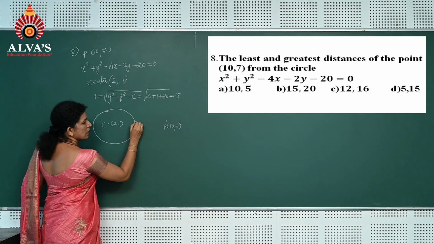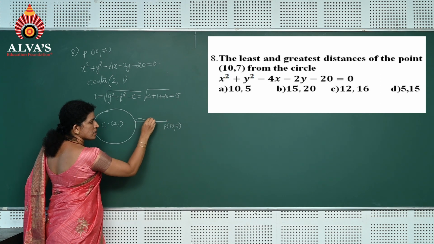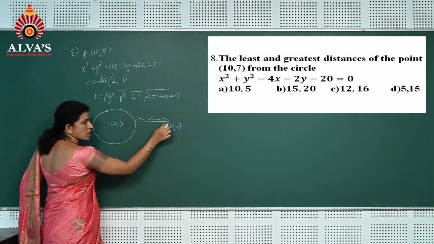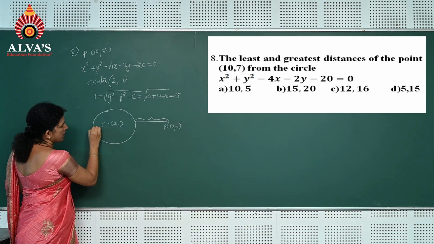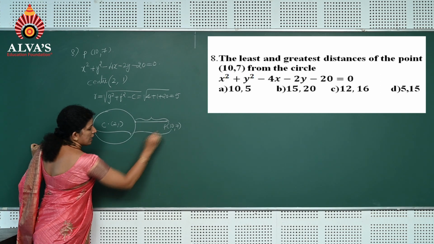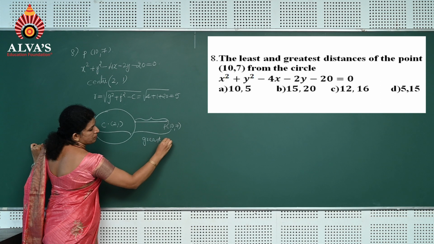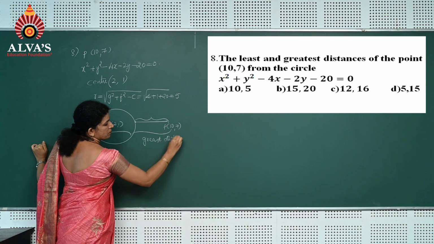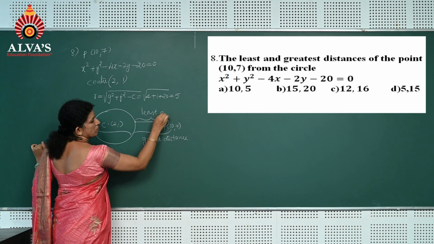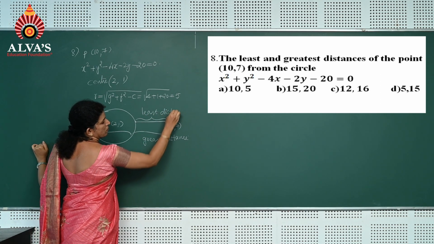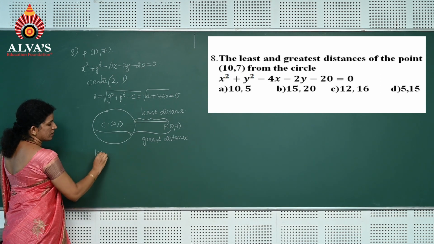See, we want the smallest as well as greatest distance from the point to the circle. Here, this distance is the smallest distance from the circle to the point, and this distance is the greatest distance from the point to the circle. Come to the least distance.